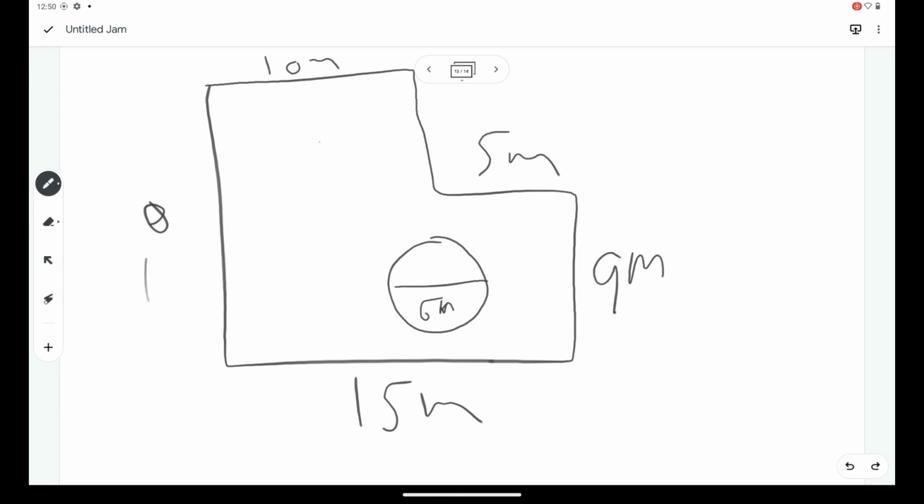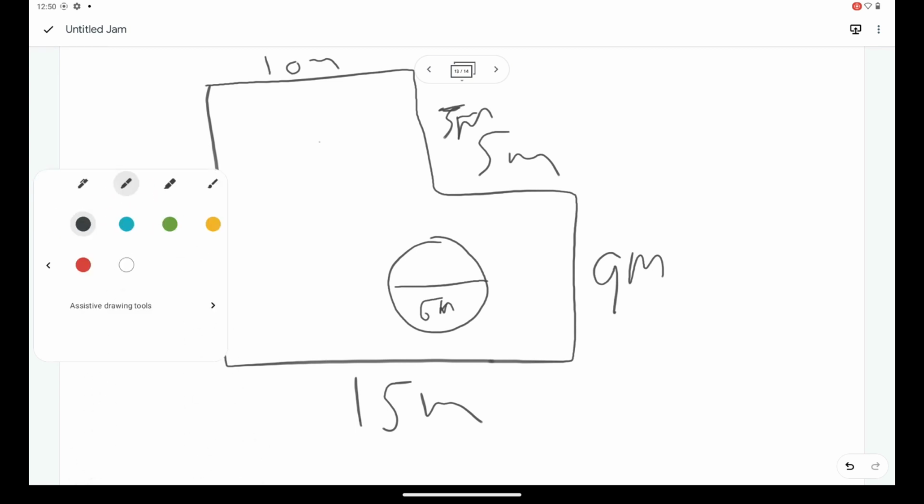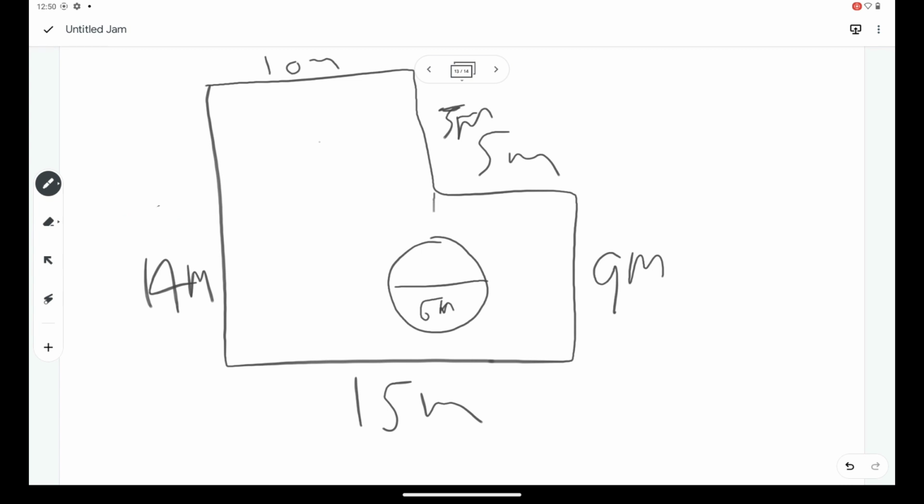And then this one here would just be 5 plus 9, which would give us 14 meters. And this corner here would be 14 subtract 9, which is 5 again.